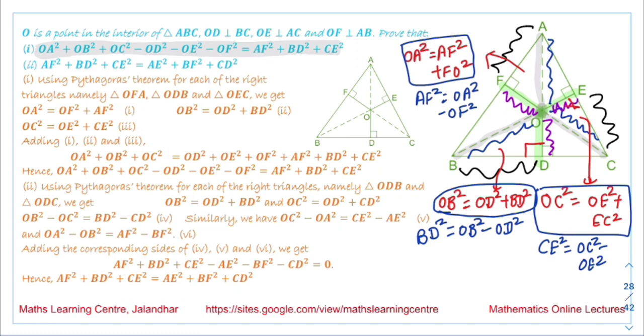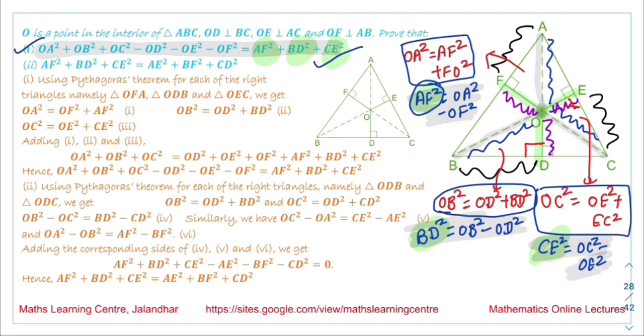Now if we add these three equations, this is equation 1, this is equation 2 and this is equation 3, we will get the first result. These are the values we are talking about: AF square, BD square and CE square, and when you add the rest of the terms, you will get this first answer.